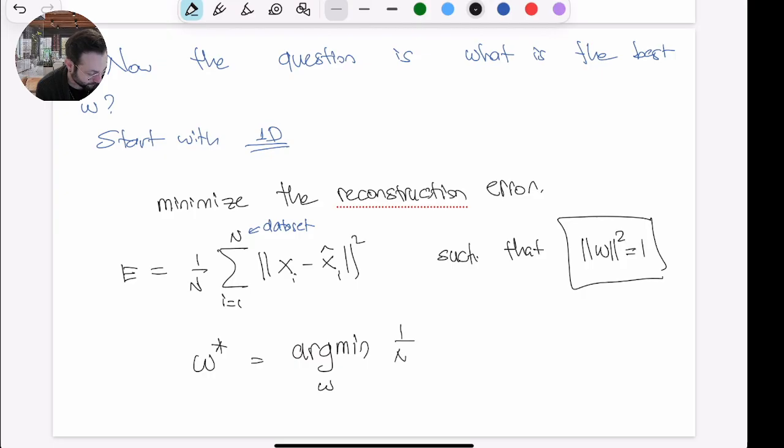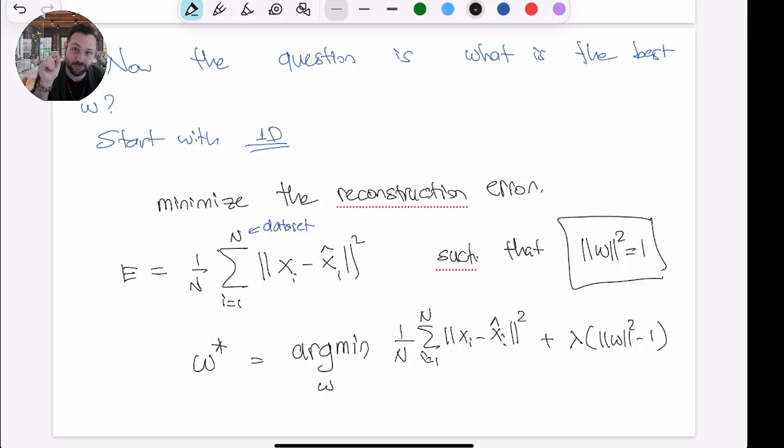So 1 over n summation i equals 1 to n, x of i minus x hat of i squared. And I would like to include this constraint with lambda, such that w squared minus 1, its distance from unity, is also minimized, so it is enforced to be unit length. So that's the first direction, the best direction, like 1.